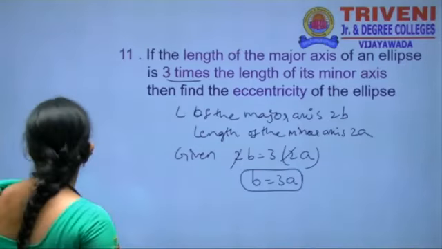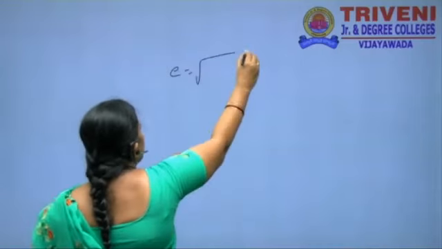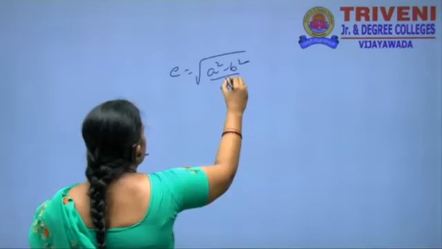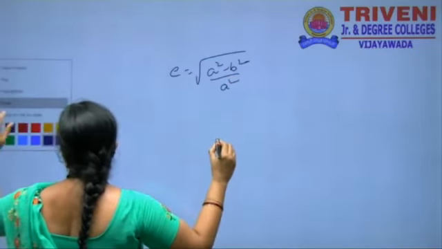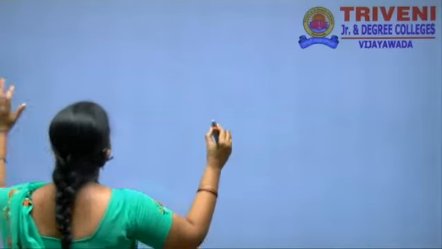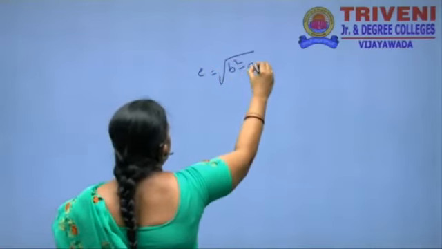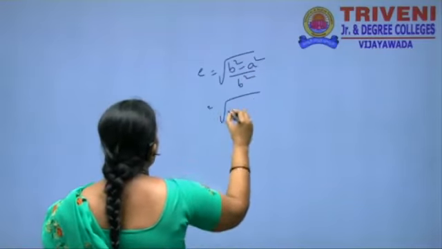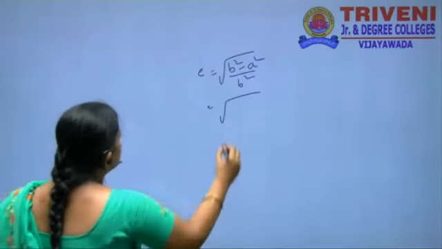Then substitute the value to find the eccentricity. Eccentricity is equal to square root of b square minus a square by b square. That is equal to square root of, what is the value of b here? 3a.